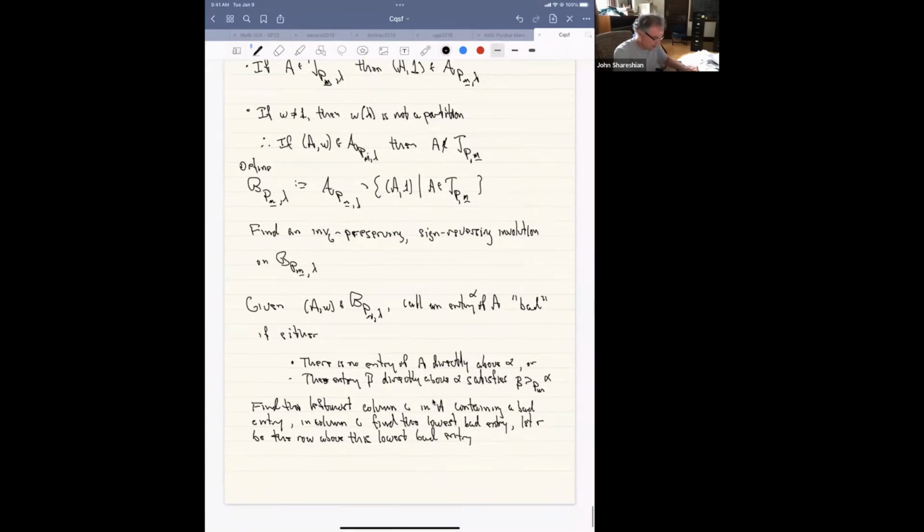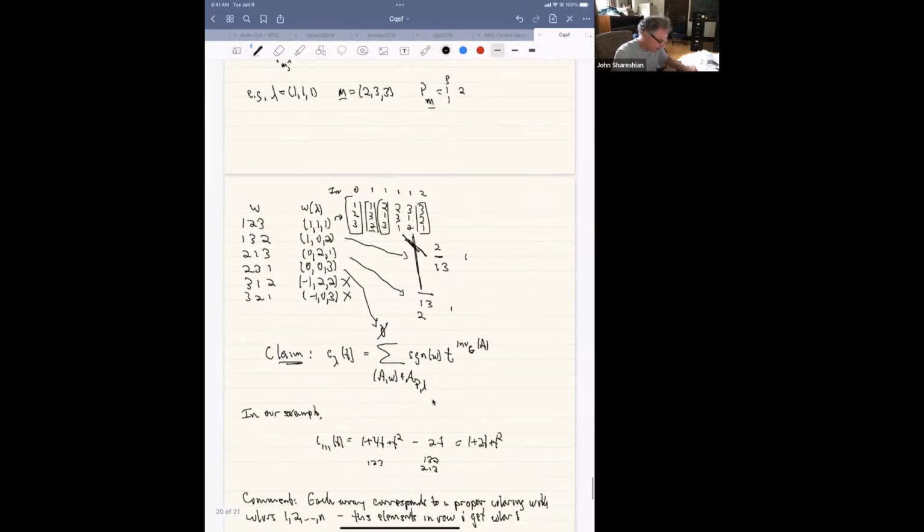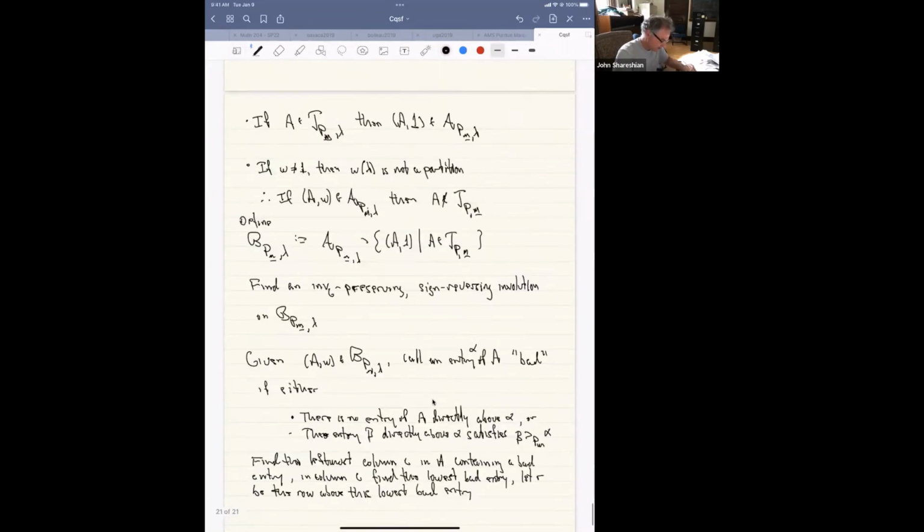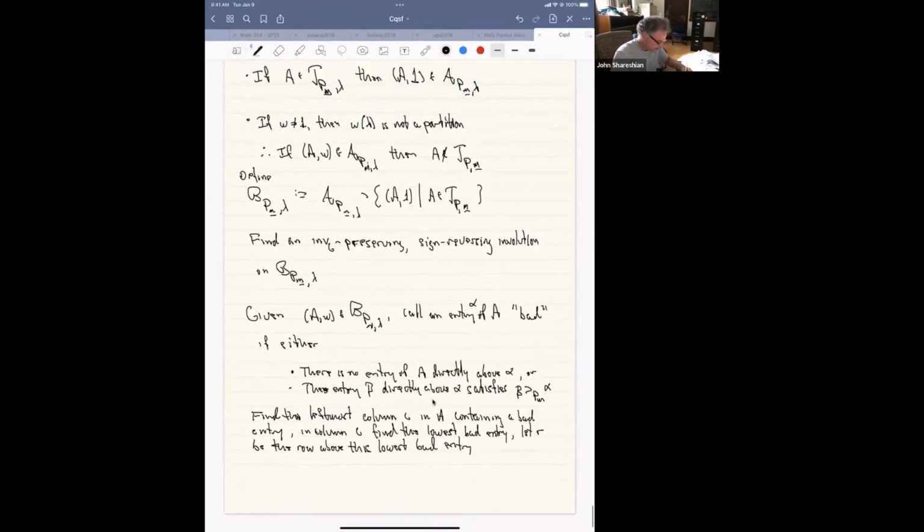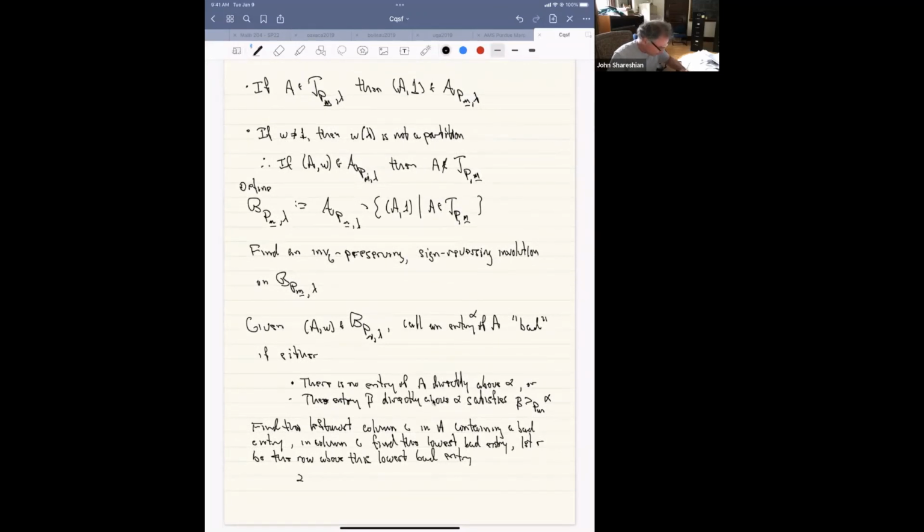Okay, so let me just pick one of these examples here. All right, here's 2 blank 1 3. Well, this is bad and this is bad, right? Because they both have nothing above them.